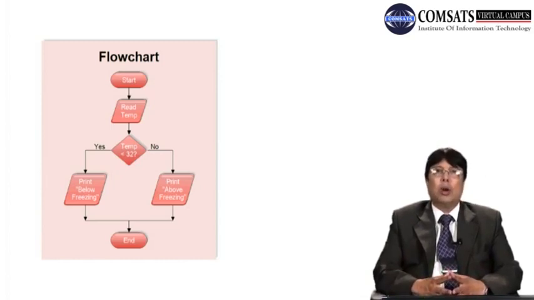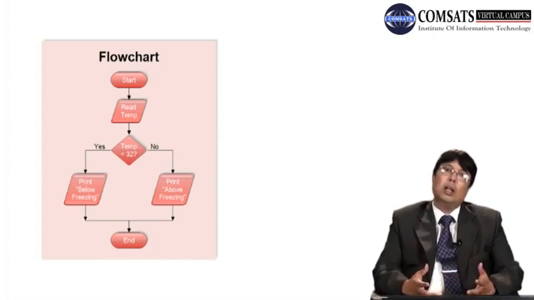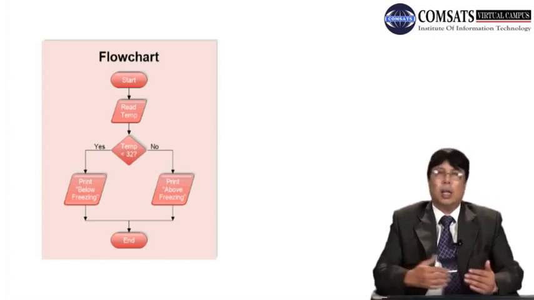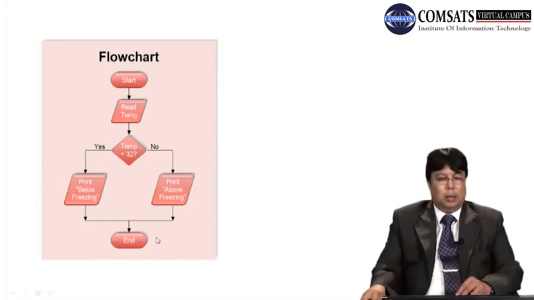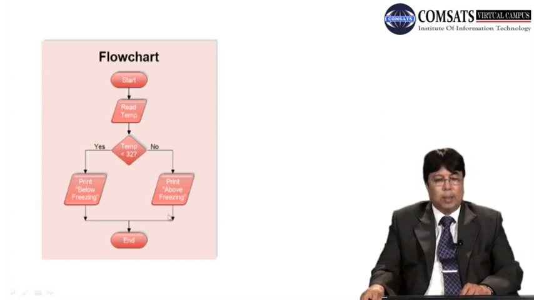So you are not required to have the same sized symbol used in the same flowchart. जैसी ज़रूरत है उसके मुताबिक आप उसके flowchart के symbol को छोटा भी कर सकते हैं और उसको बड़ा भी कर सकते हैं. Then out means end. So you read a temperature.